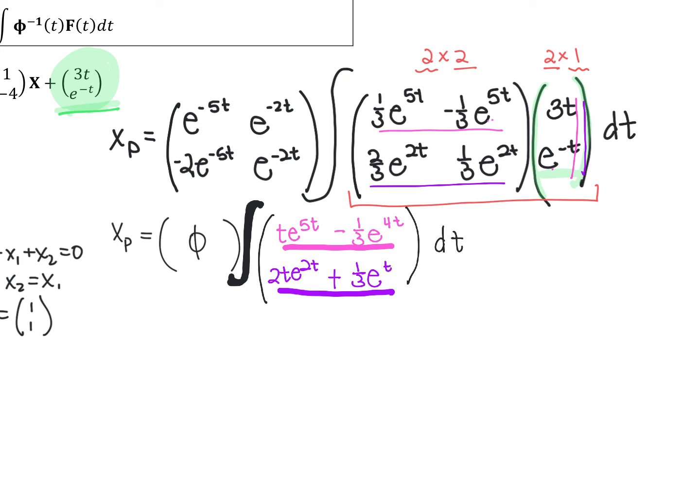To integrate this would be like me taking the integral of just this expression. So I'm taking the integral of just that first row. What you should notice, and I'm sure you're excited about, is this t e^(5t) we would need to use integration by parts.